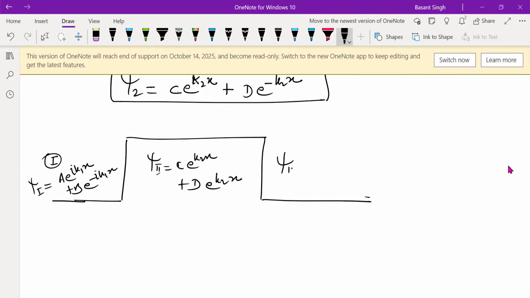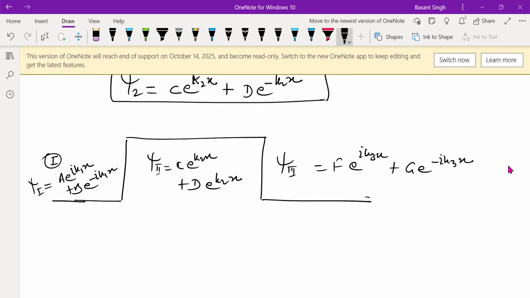And in the third region, the wave function is F e to the power i k3x plus G e to the power minus i k3x. Okay.